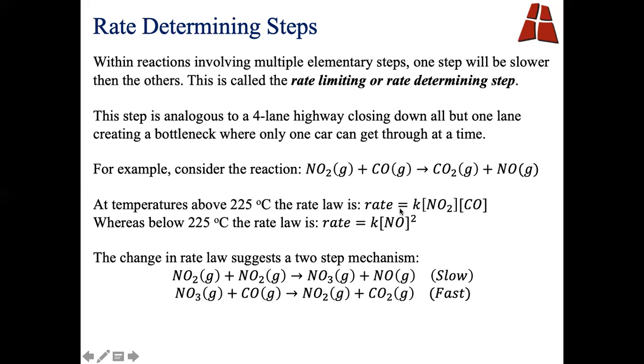And so this should actually say, instead of NO, it should say NO2. Sorry for the confusion there. Forgot a 2 in that spot. And then if it was above 225 degrees Celsius, then our second step would become our slow one, or at least slower. And then our second step would become rate determining, and then our rate law would reflect that.